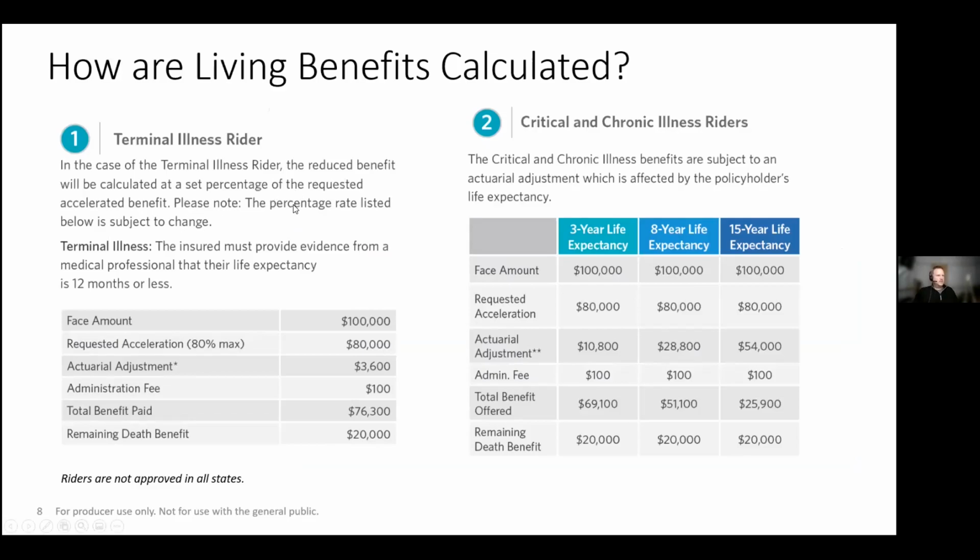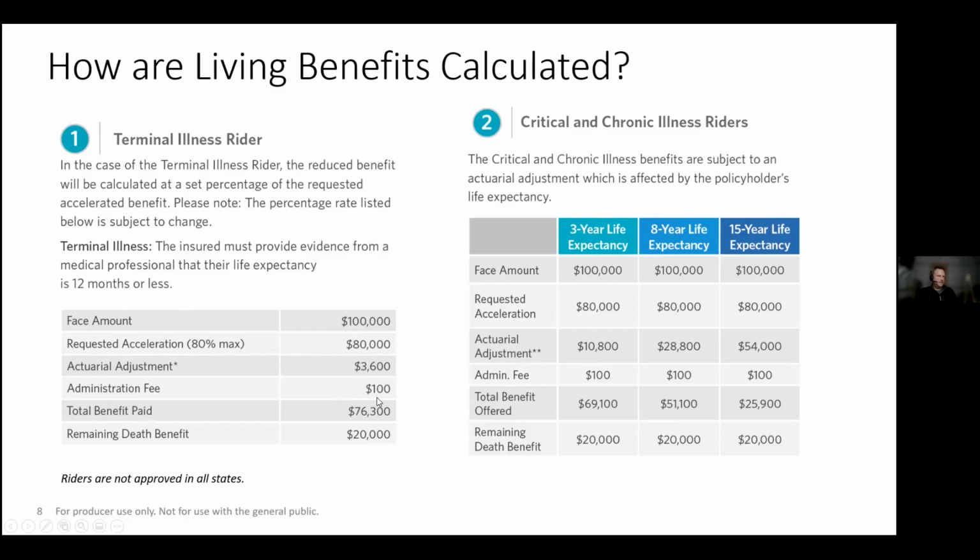A terminal illness rider, again, you're going to have 80% available. So if it's a face amount of $100,000, you'll have $80,000, and there will be an adjustment for actuarial charges. That will basically be the interest that could be gained with premiums as well as the premiums themselves.